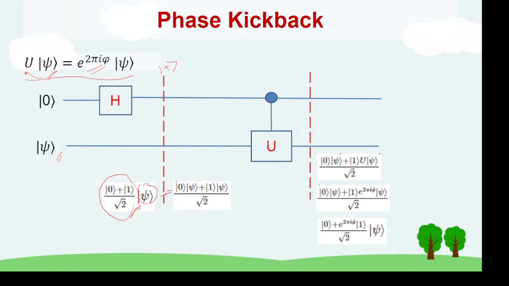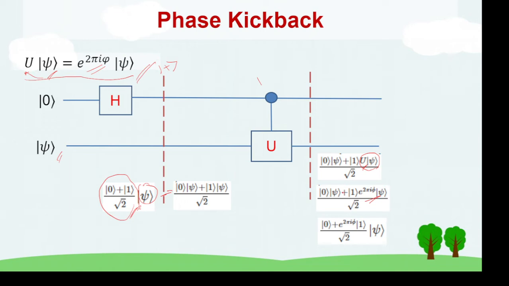Now we are going to apply a controlled U gate. The U gate will be applied to the state of the second qubit only when the control qubit is in 1. But now we are in superposition. That means whenever 0 is there, there is no effect; it will come as it is. But when there is 1, this operation will be done, and we know that this operation will result in this because of the equation we saw earlier.